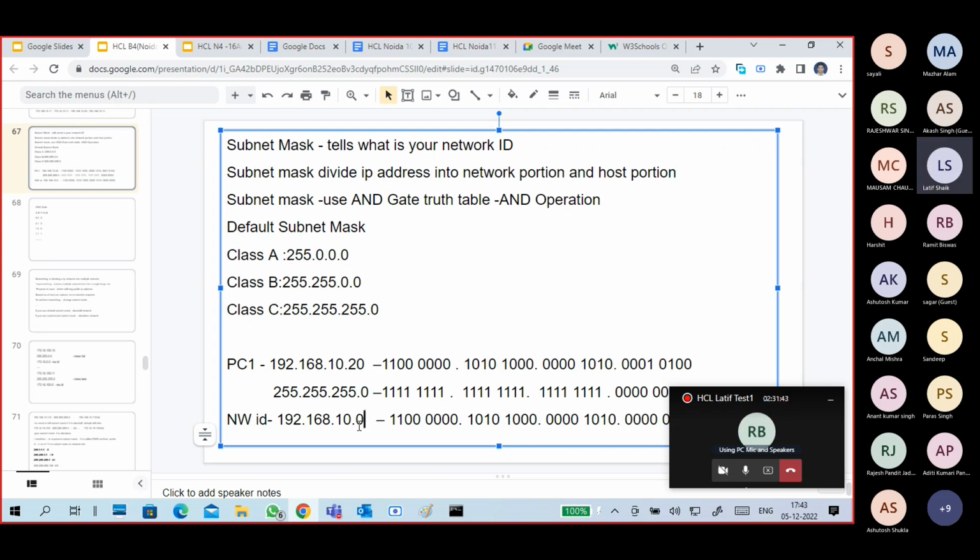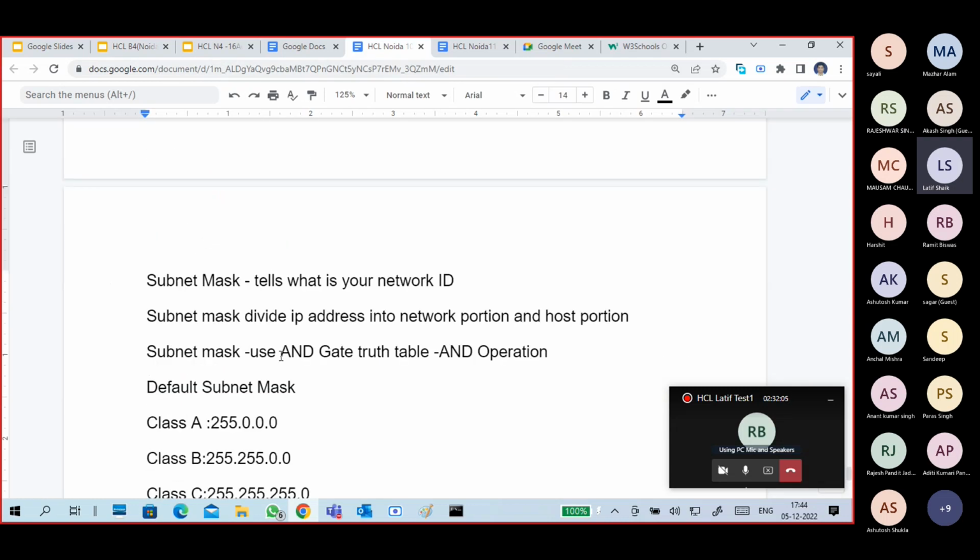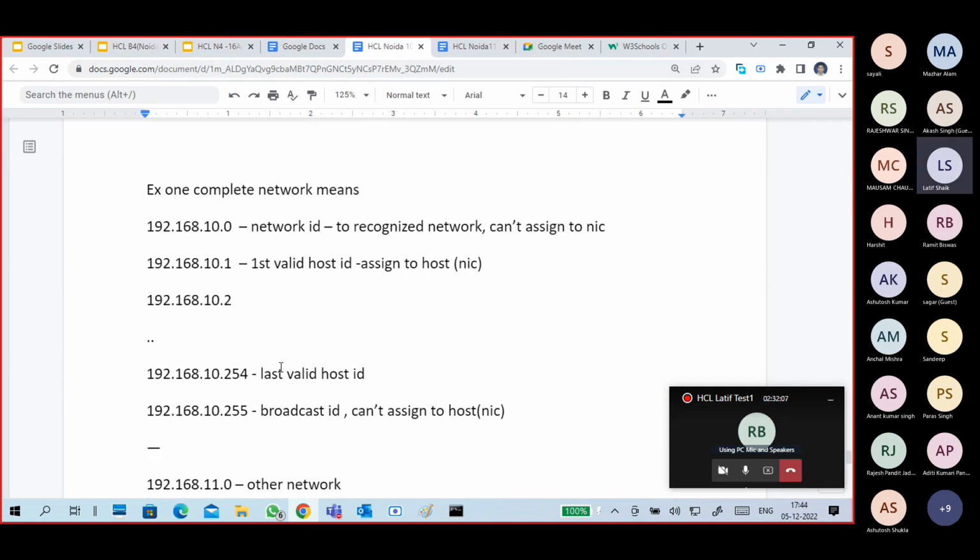So I'm dividing these 254 IP addresses. If I divide this network into small parts, like subnets, a number of networks will be created within this range. I think I have written some ranges here, right? Network ranges.